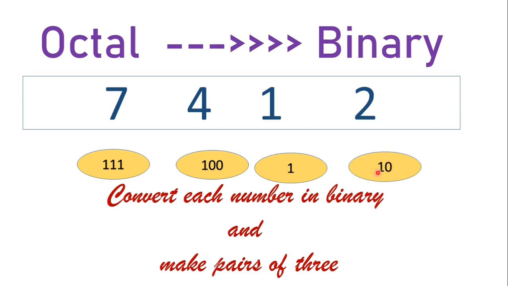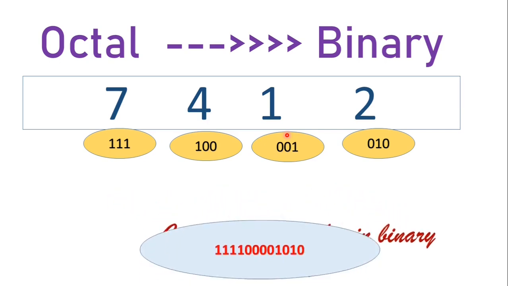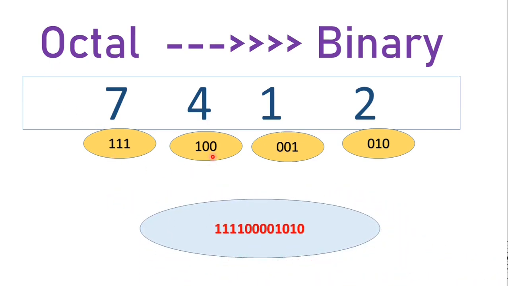This is also just two digits. To make it a group of 3, you need to add 0 towards the left hand side. So you can say that the binary equivalent of the octal number 7412 is 111 100 001 010.